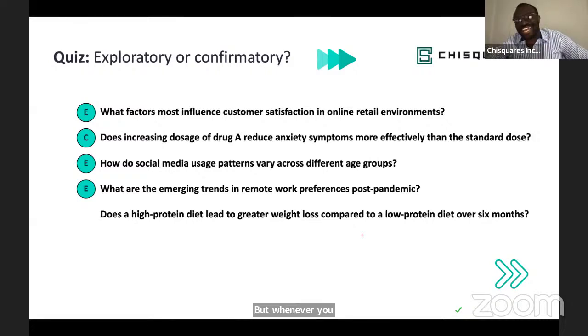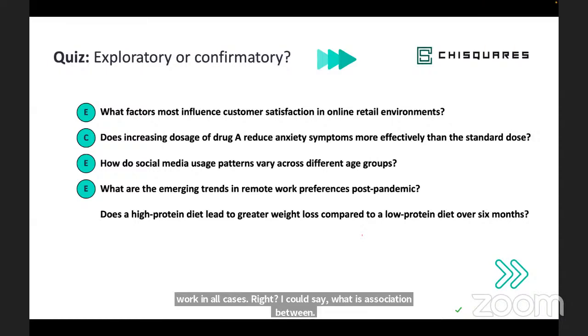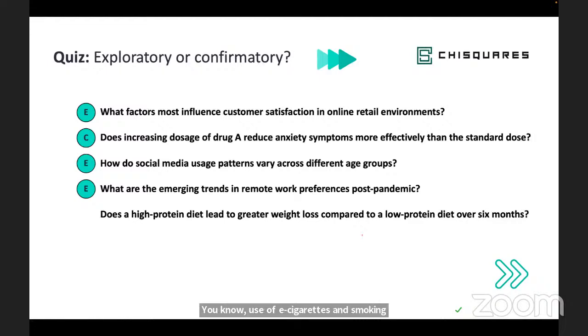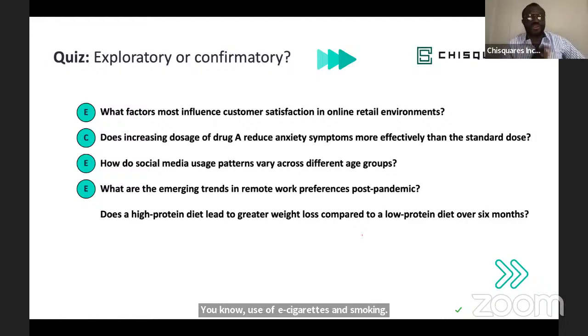I like your effort, but that may not work in all cases, right? I could say, what is the association between use of e-cigarettes and smoking cessation? I'm trying to measure the association between a very specific exposure and a very specific outcome. It's confirmatory. So don't just rely on whether the word starts with what. Try and understand it at least philosophically, and I think that would be a better way to go.